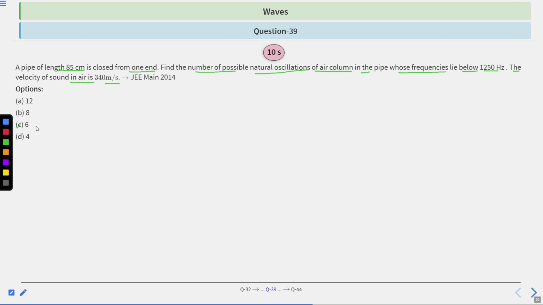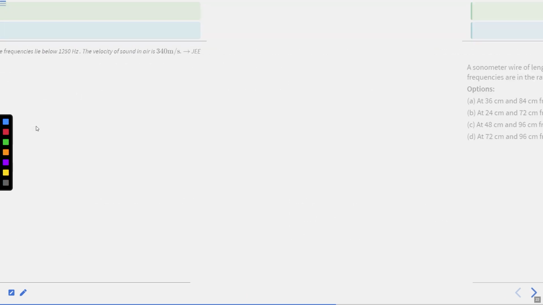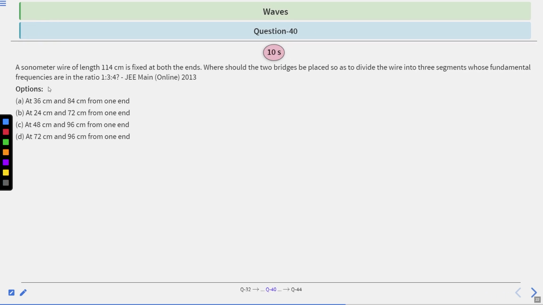Next question, question 40. A sonometer wire of length 114 cm is fixed at both the ends. Where should the two bridges be placed so as to divide the wire into 3 segments whose fundamental frequencies are in the ratio 1:3:4?